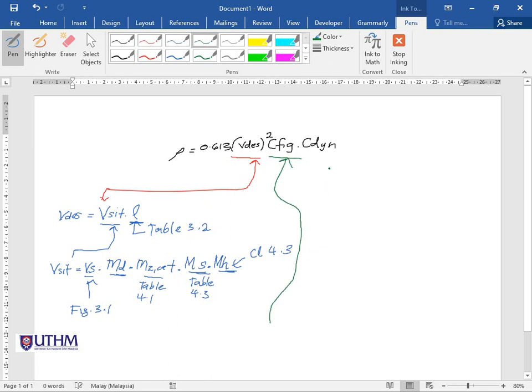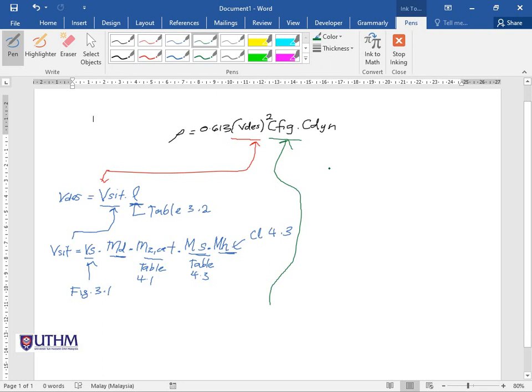This aerodynamic shape factor, the equation is equal to Cpe, known as the external pressure coefficient, multiplied with Ka, multiplied with Kc, multiplied with Kl, multiplied with Kp.